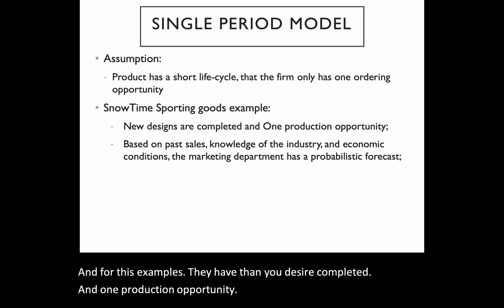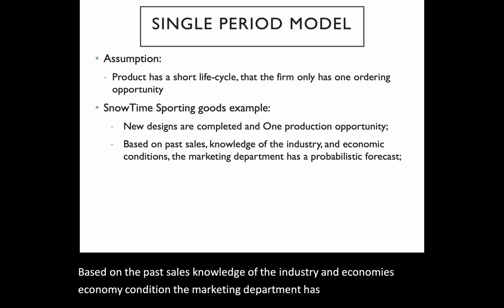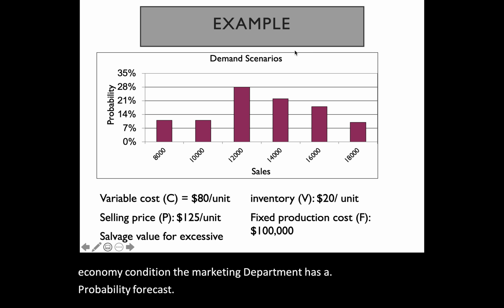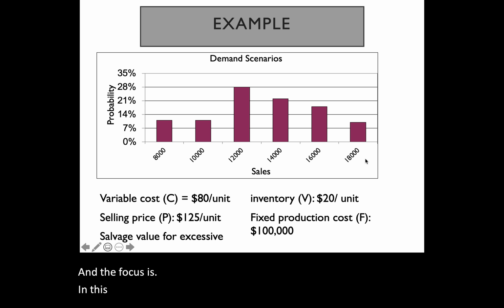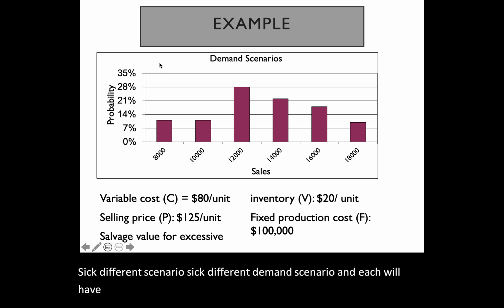Based on the past sales, knowledge of the industry, and economic conditions, the marketing department has a probabilistic forecast, and the forecast is illustrated in this graph. So here they have six different demand scenarios, and each has a probability of occurrence.